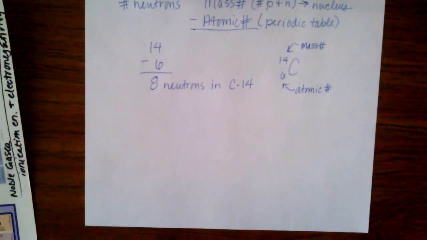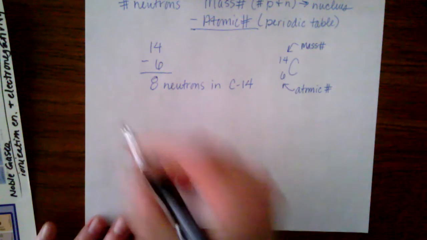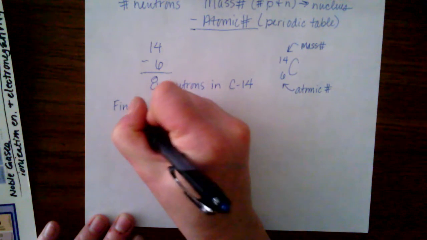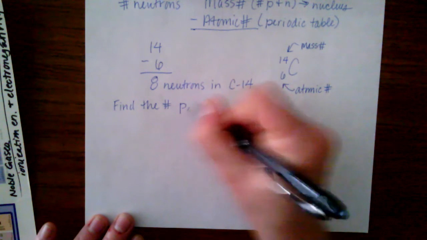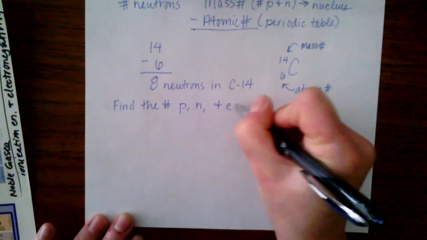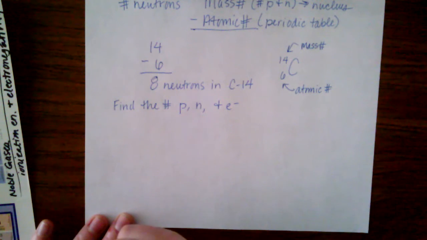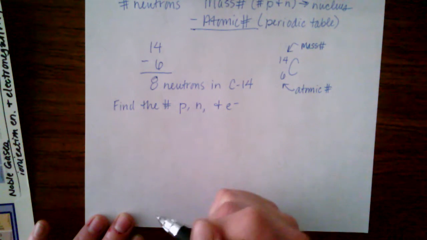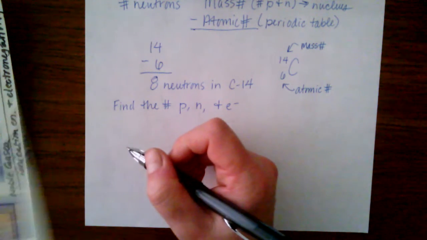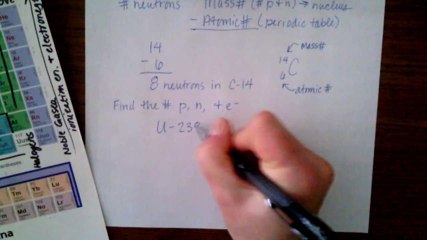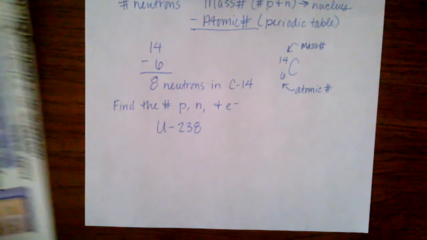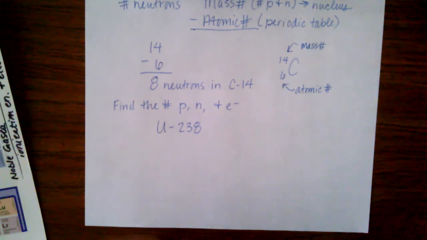Okay, so if we're trying to find the number of protons, neutrons, and electrons, let's do another really common isotope, uranium-238.